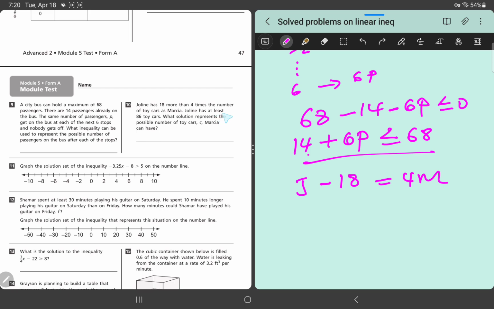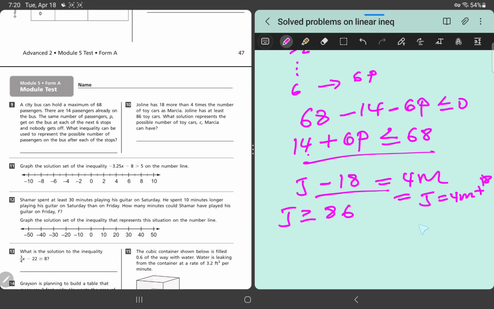Jolene has at least 86 toys, which means the number of toys this person has is greater than or equal to 86. So when you solve for this, the number of toys Jolene has is 4 times the number of Marisha's, plus 80 toys.